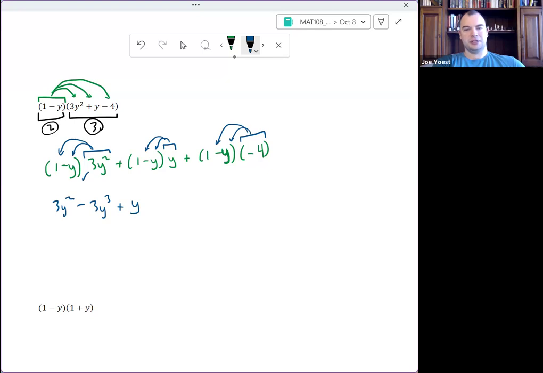And then plus negative y times y is minus y squared. That takes care of the second bit here. And then my third bit, I have plus 1 times -4 or -4. And then plus a negative y times -4 is plus 4y.